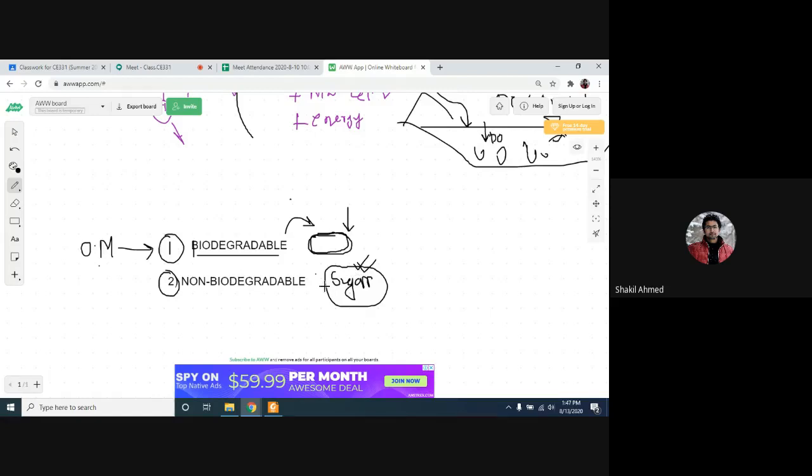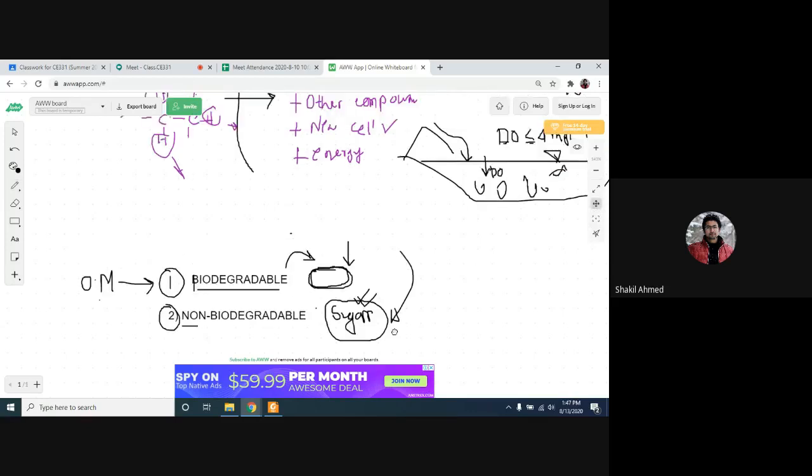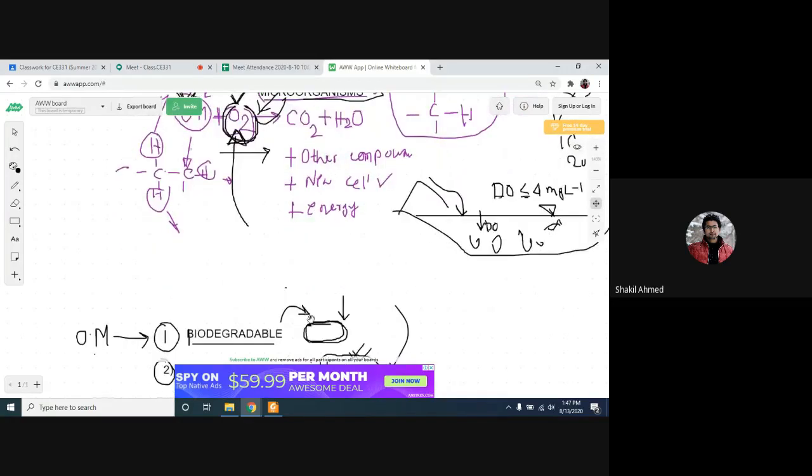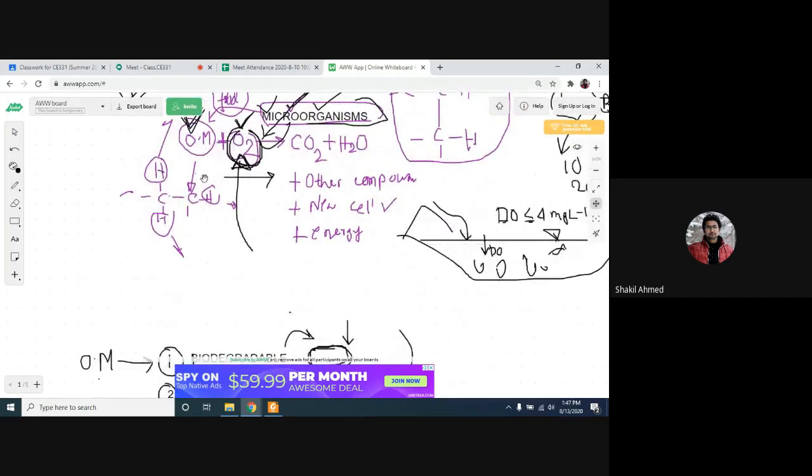Do you need to refrigerate your sugar to keep it well? No, sir. Why? Because microorganisms cannot break them. That's why this is non-biodegradable. So if it's sugar, then microorganisms cannot break it, but if it's a mango, then microorganisms can break it down.